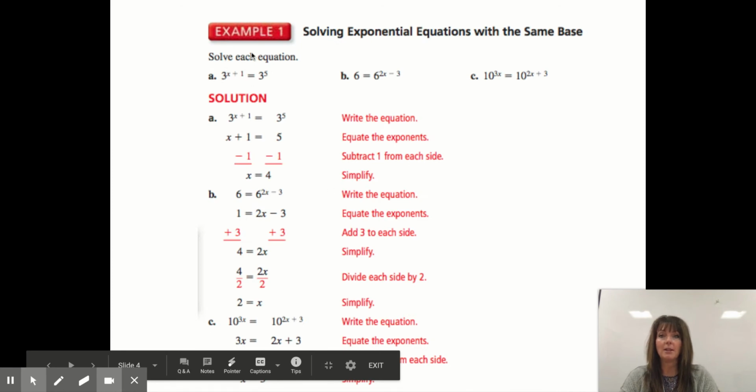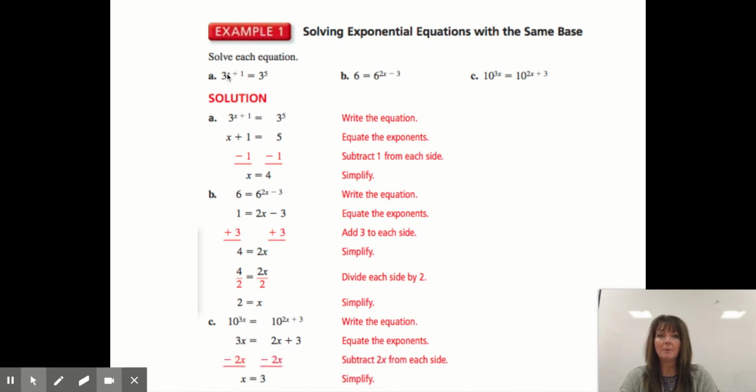For instance, right here, we have 3 raised to the power x plus 1, and we want that to be equal to 3 to the 5th power, which means we have to take the exponents, x plus 1, and make sure that it is equal to 5, or solve for x so that it is.